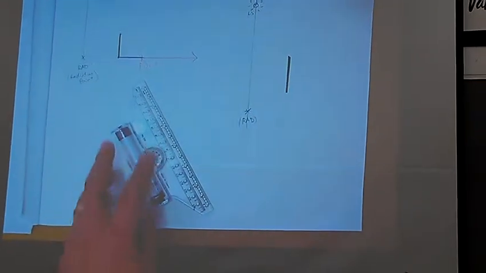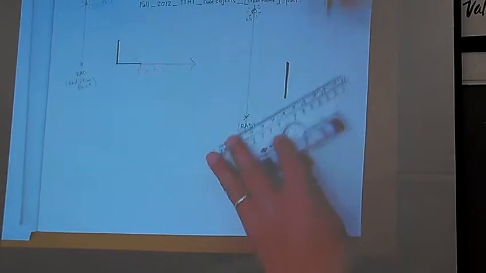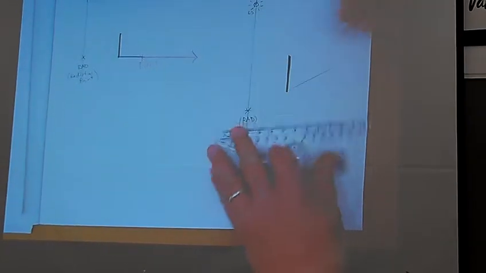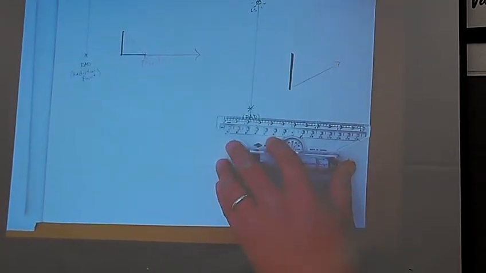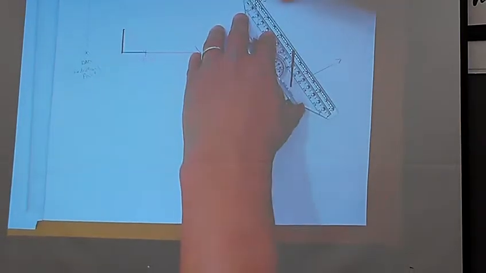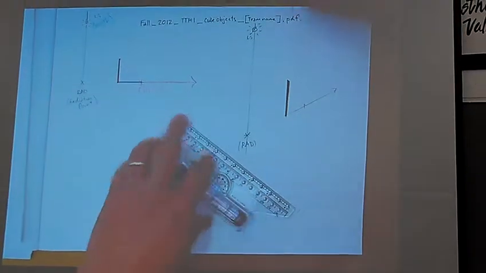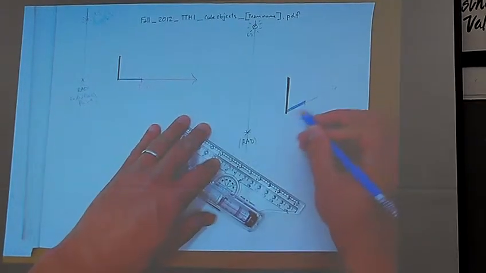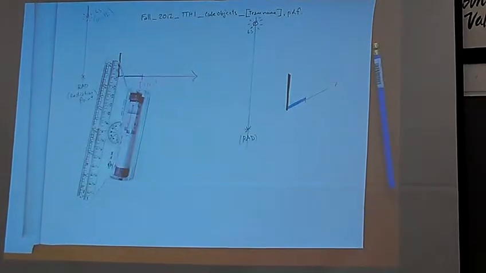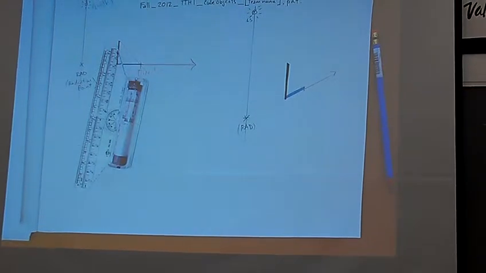Okay, so again, eyes up. Watch. That gives you the direction. That gives you the length. That's the shadow. That's it.